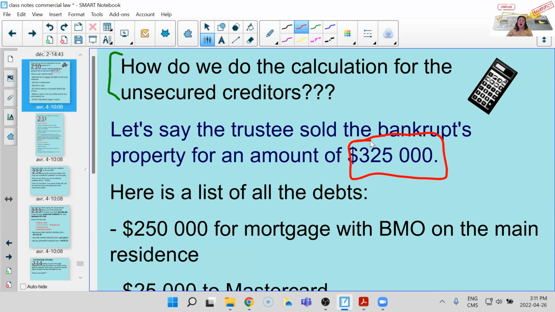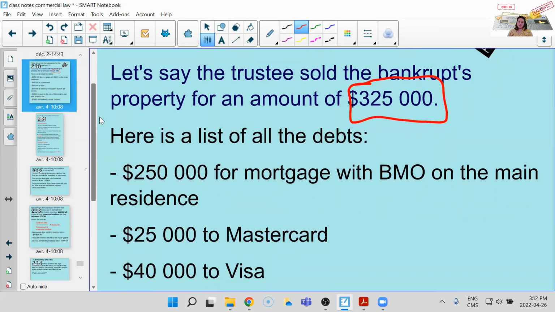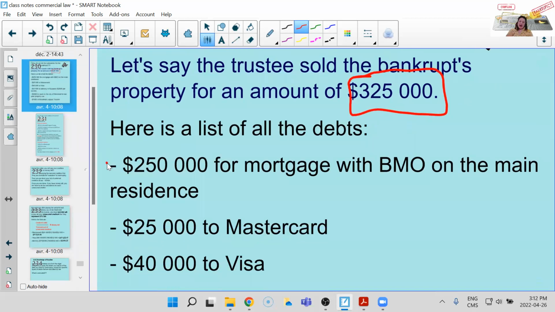Then I give you a list of debts. Of course, I'm not nice enough to give them to you in the correct order. I'll give you a bunch of amounts. See here, I have $250,000 for a mortgage on the main residence. Mortgage. That sounds like it reminds me of something.